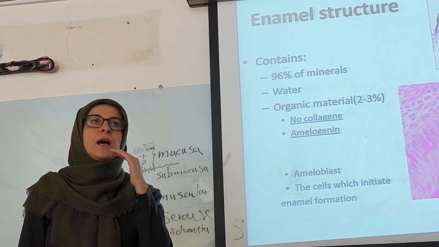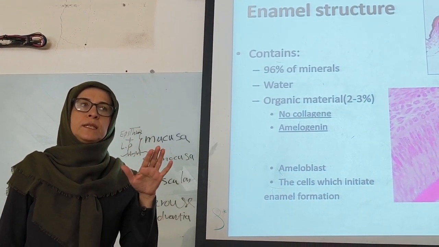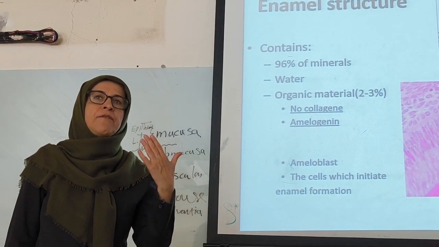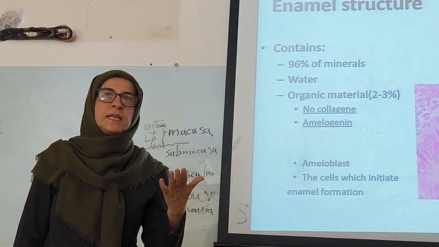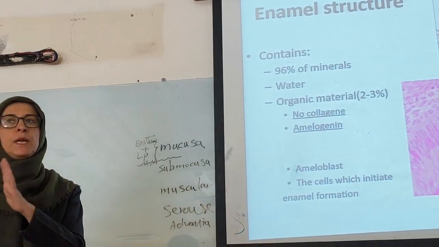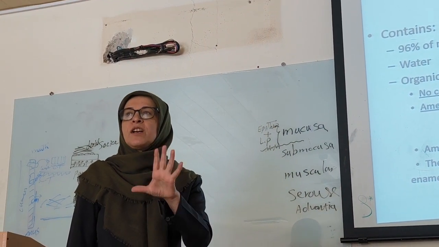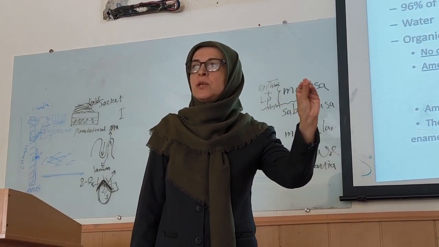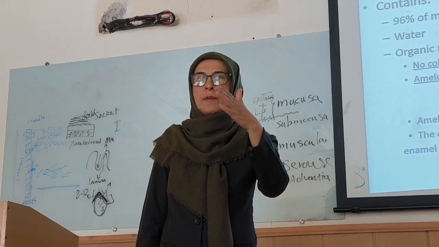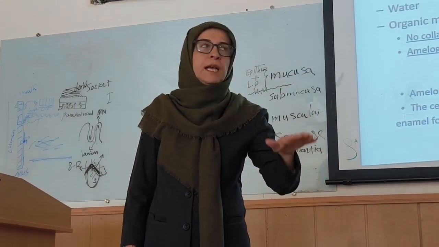When the tooth erupts, the ameloblasts die by apoptosis. It means that after birth, none of us have any ameloblast cells. The ameloblasts do their function just in the embryonic period, producing the enamel, and after eruption they stop and die.